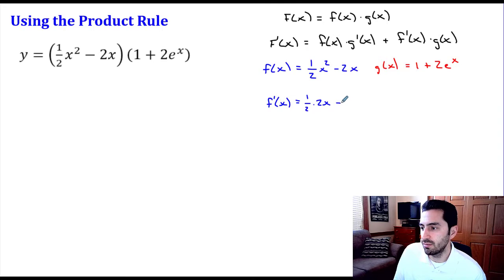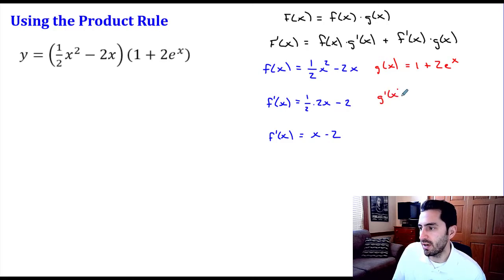And our second term, the derivative of 2x is just 2. And simplifying that, so f prime of x, we end up with 1/2 times 2, so we just get x minus 2.